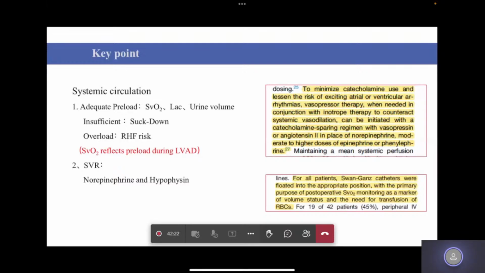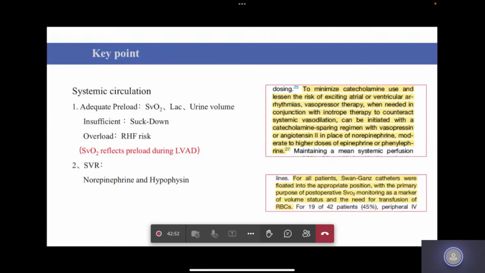And if the SpO2 rises, the lactic acid is lower and the urine volume also rises, it means the patient might be in volume overload. The overload can also cause right heart failure during the surgery, which is also a side effect and a risk to the patient after surgery.